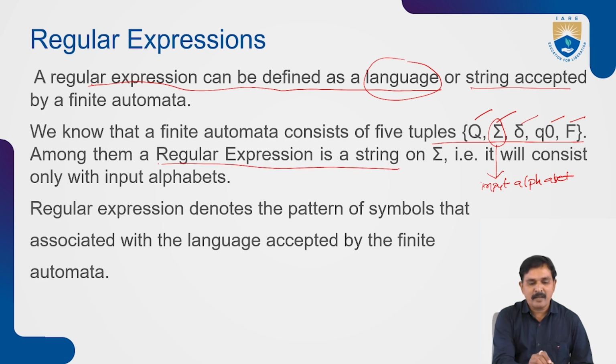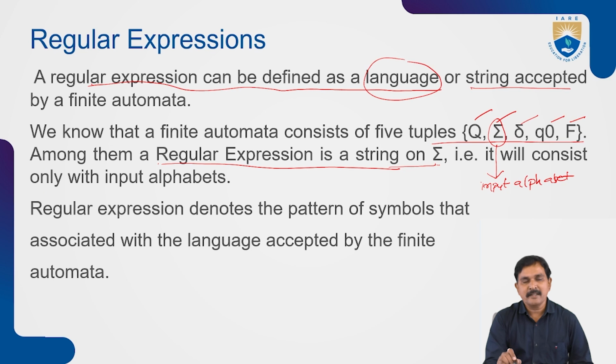So the idea is that a regular expression is a string. The string is generated from sigma or sigma star, that is, only from whatever symbols are defined in the sigma. With the help of those symbols, we generate some kinds of strings. But only the valid strings are accepted; not all strings are valid strings.